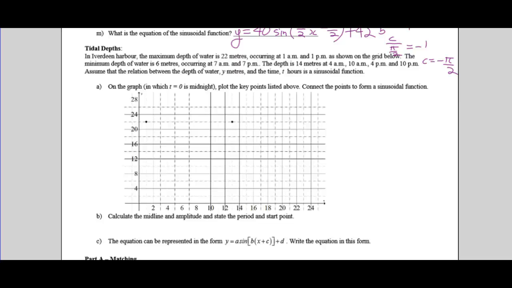Now, another thing that varies with time is the tide, which we have extraordinarily little experience with in Calgary because there are no tides here. Right? We don't have a large body of water. But if you've ever been to the ocean, and you pick up a newspaper or something, you'll see the tide tables. Right? And that's because people that have boats and sail, they need to know the tide. So the tide is just the height of water in the harbor or in the ocean at any particular time.